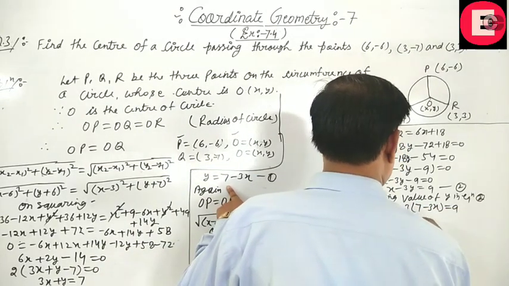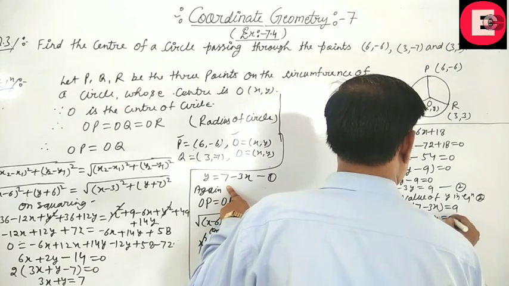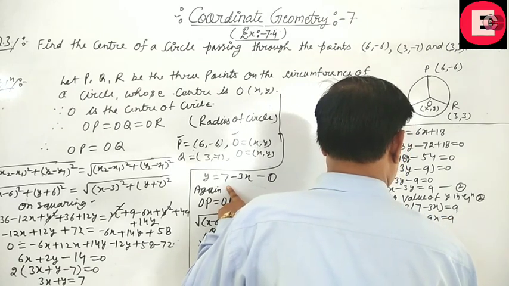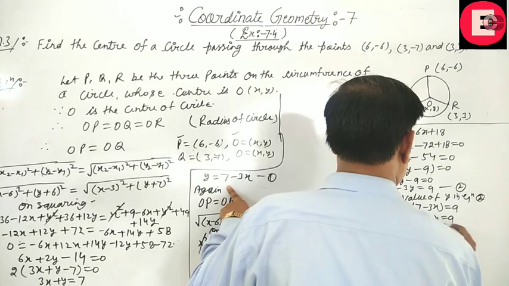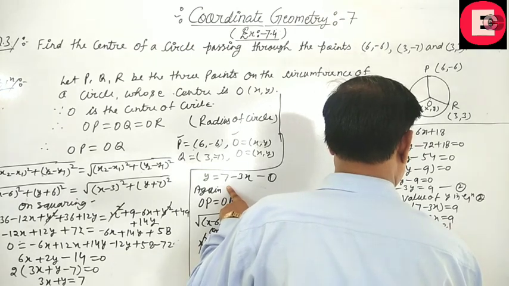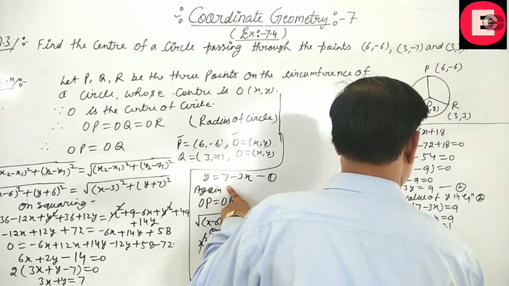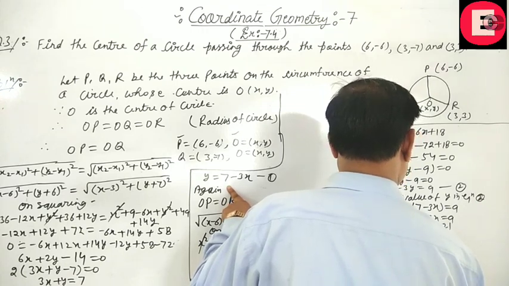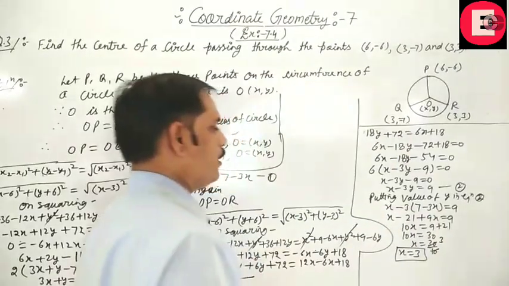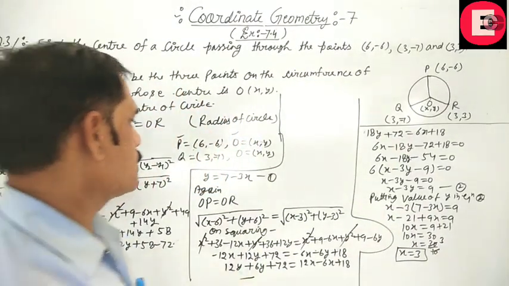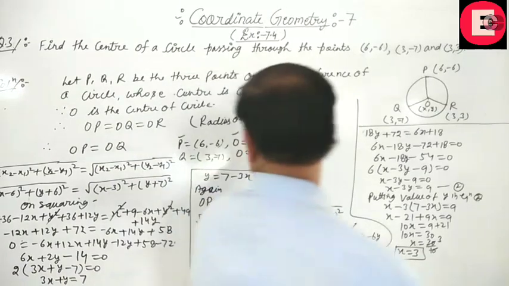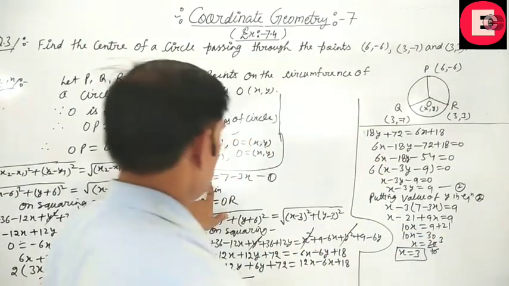So x minus 21 plus 9x is equal to 9, and 10x is equal to 9 plus 21. Then 10x is equal to 30, and x is equal to 30 upon 10, which is cancelled, so x is equal to 3. We get the value of x. Now putting this value in equation number 1.